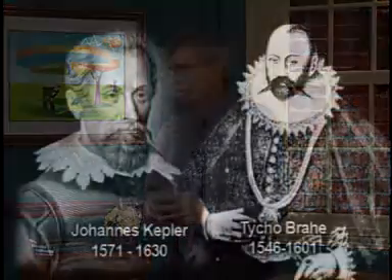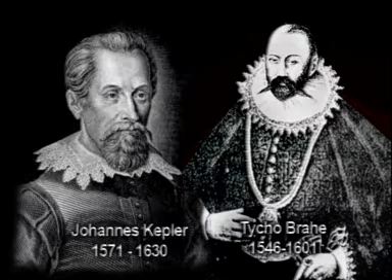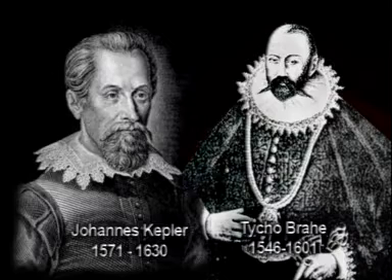So let me first talk about the concept of the solar system. In the year 1600, Johannes Kepler was in the observatory of Tycho Brahe and was looking at the data associated with the positions of the planets as they moved in the night sky. Tycho Brahe had accumulated the best observational data.